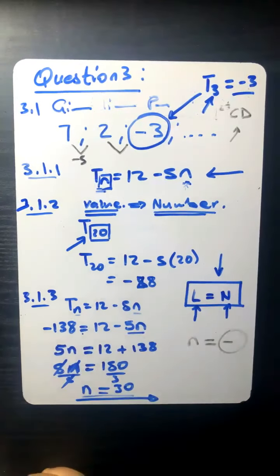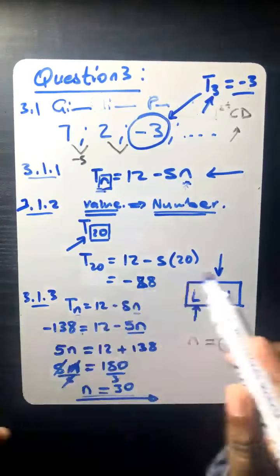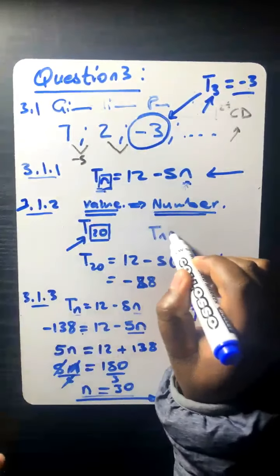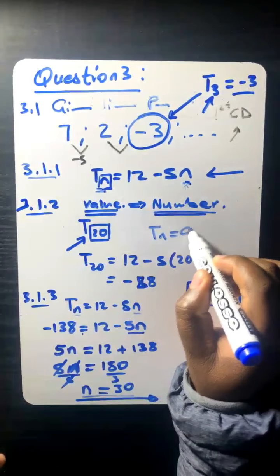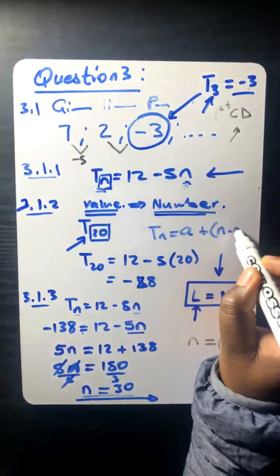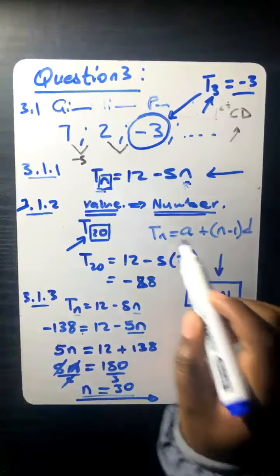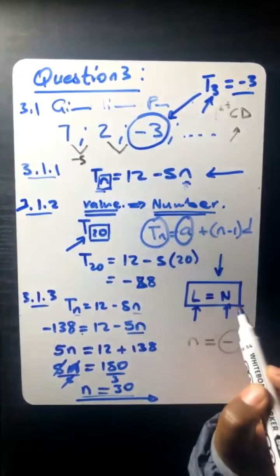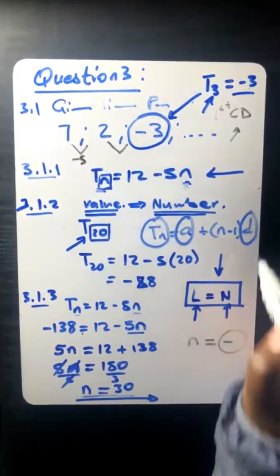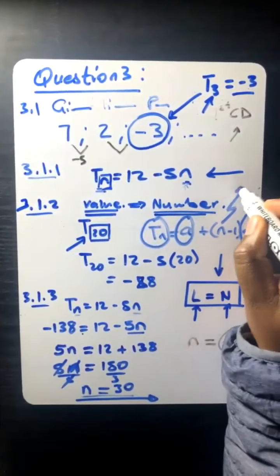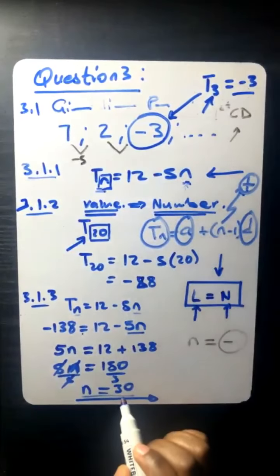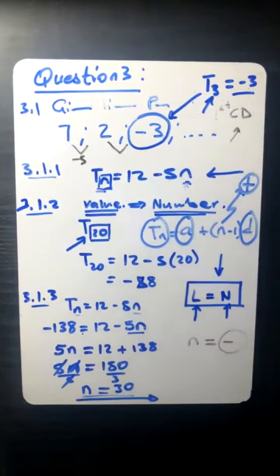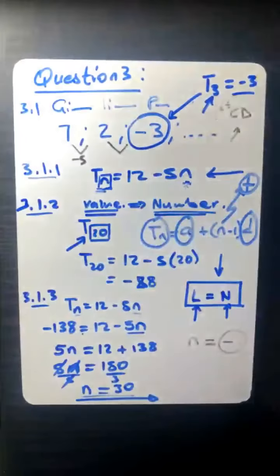On this general formula, Tn is equal to a plus (n minus 1)d. So Tn can be a negative number, a can be a negative number, d can be a negative number, but n is always a positive number. I hope we agree with each other, ladies and gentlemen.